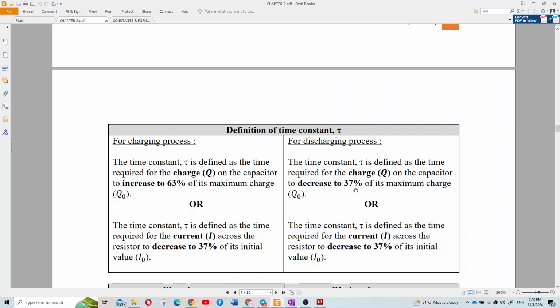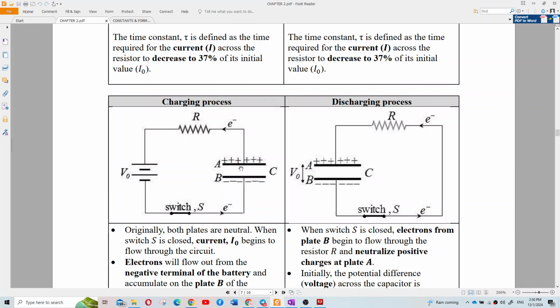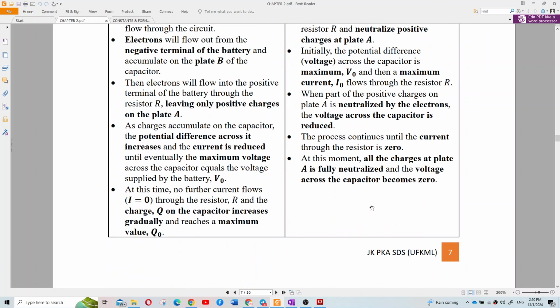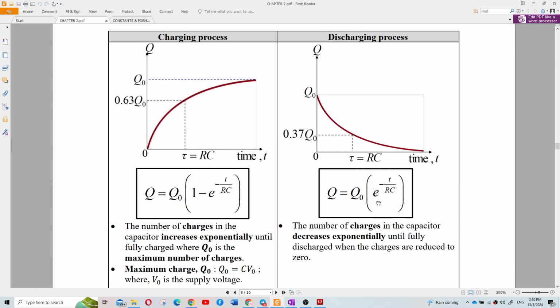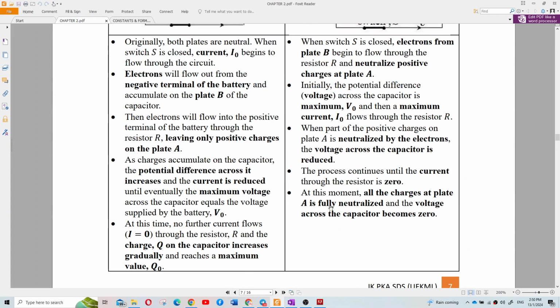For charging, we use 63% or 37%, but for discharging, it's always 37%. I will explain the differences and the graph later on.